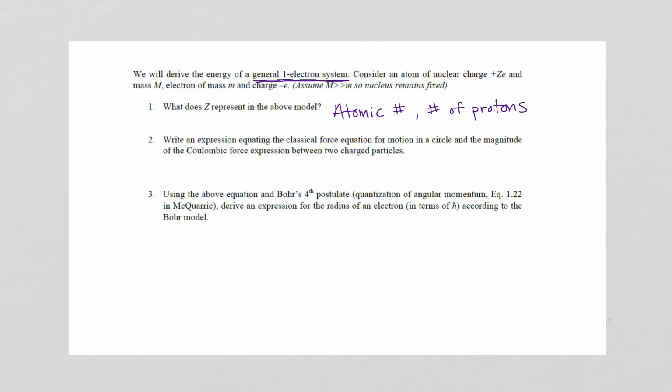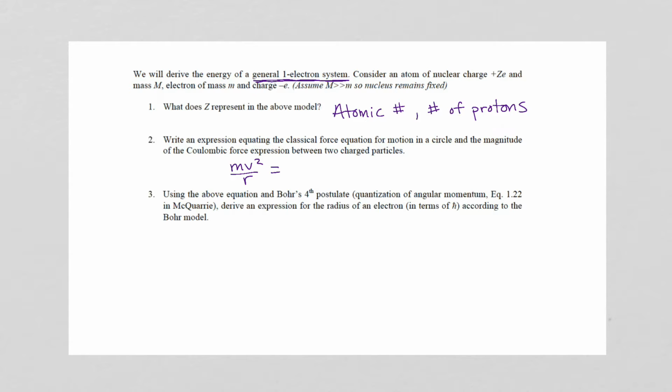The next question asks us to write an expression equating the classical force equation for motion in a circle and the magnitude of the Coulombic force expression between 2 charged particles. Okay, so here we are remembering back to our physics. So our equation for motion in a circle, mv squared over r, and we want to equate that to our Coulombic force between 2 charged particles.